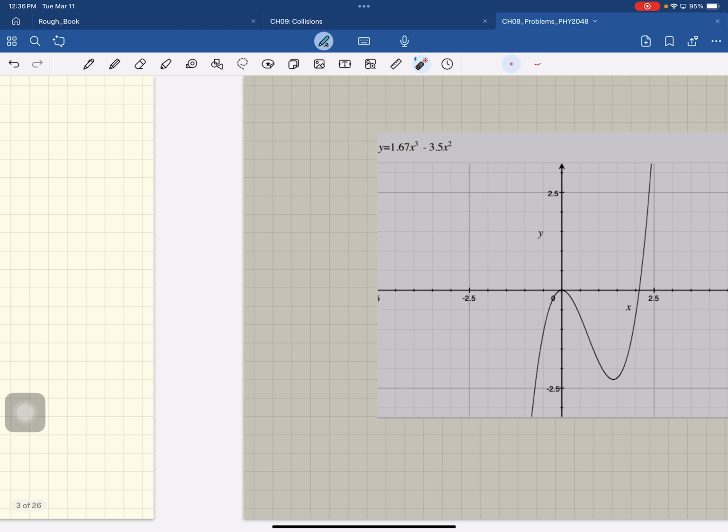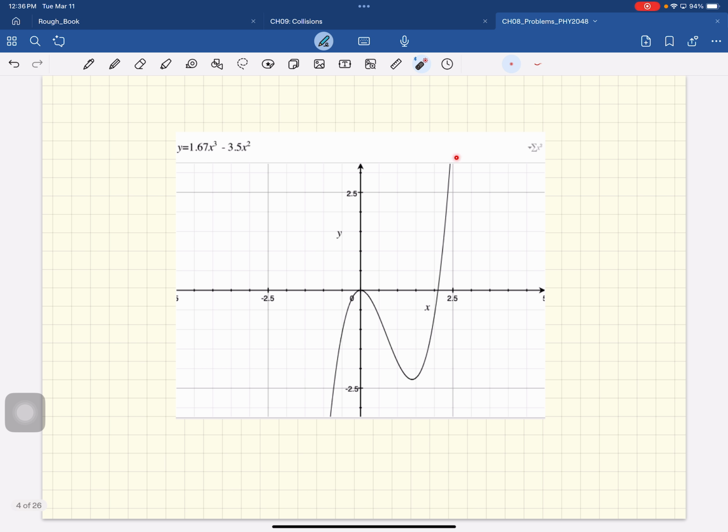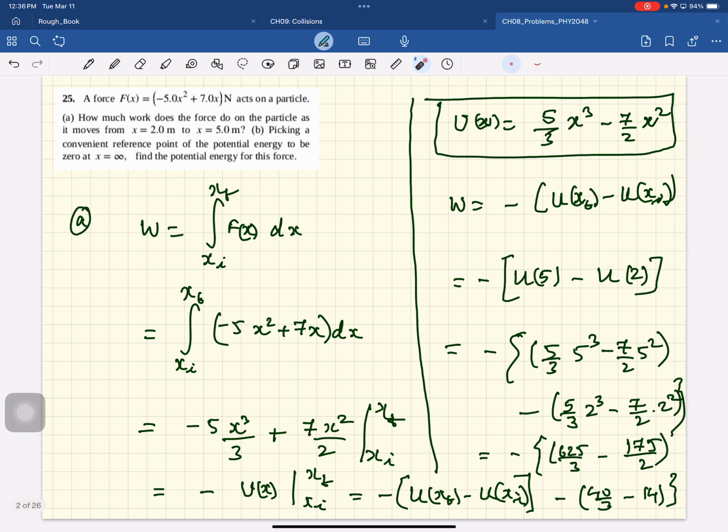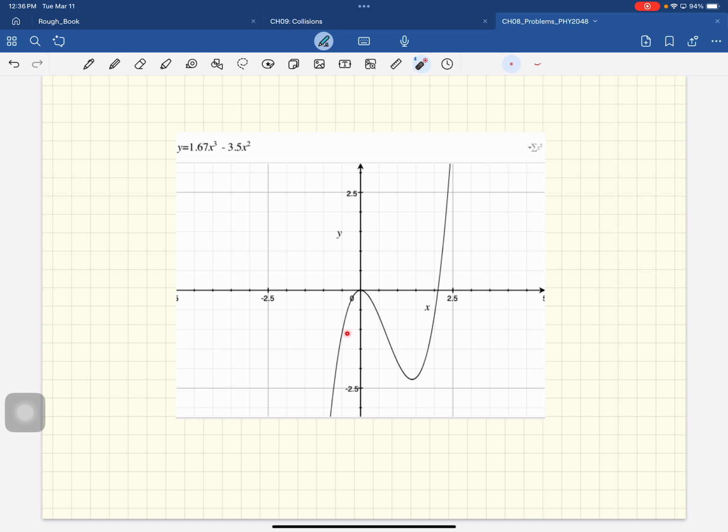They ask you to find the potential energy with 0 at x equal to infinity, but you can't choose a constant to make it 0 at x equal to infinity. So that's a typo in the problem. Anyway, this is the potential energy function, and there's the curve.